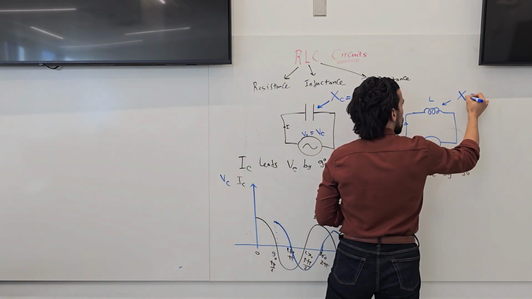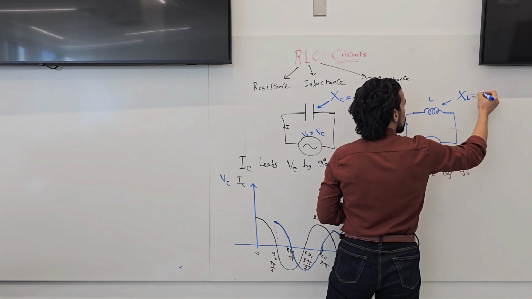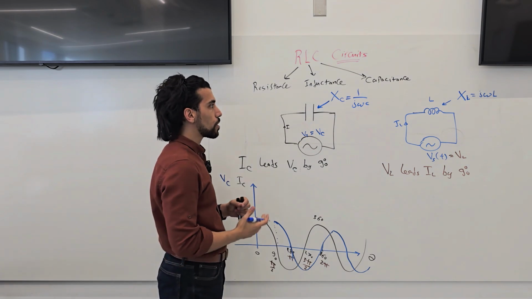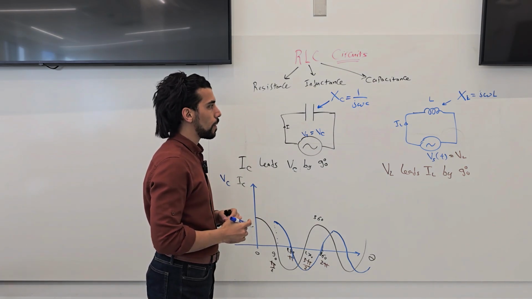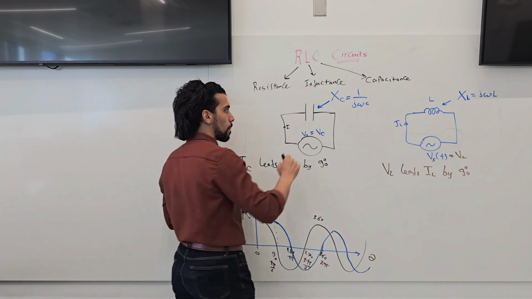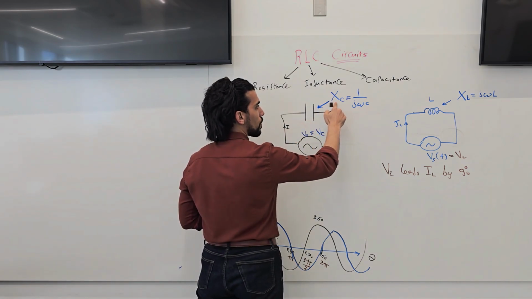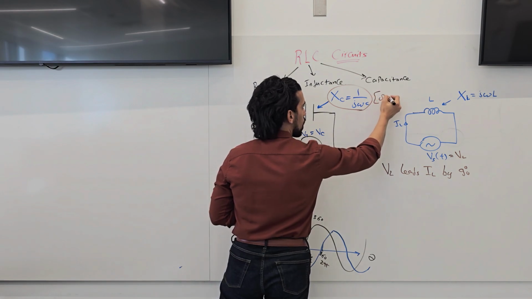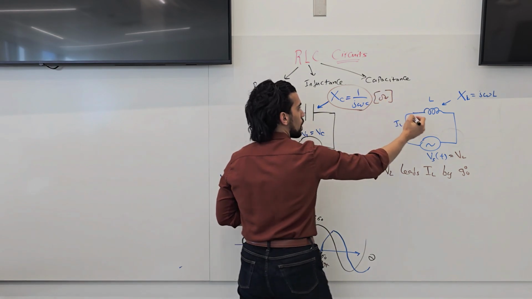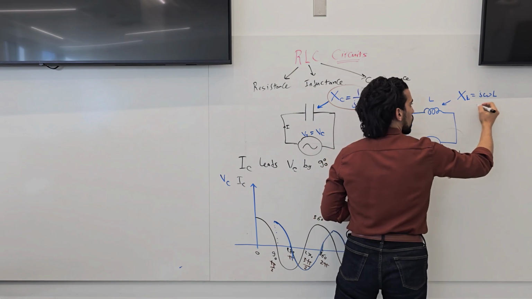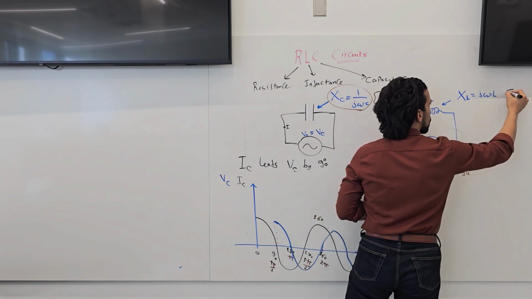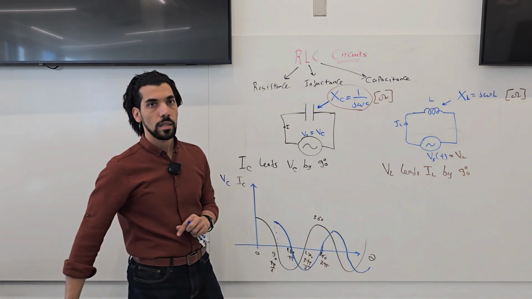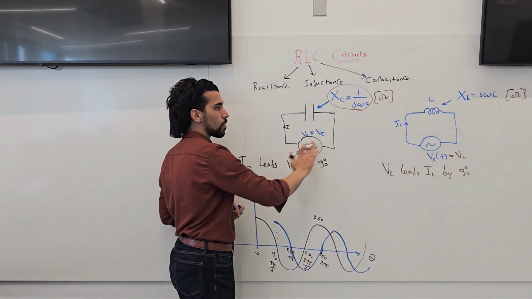And this one is going to equal j omega L, where omega is the angular frequency, which is equal to 2 pi f. Okay? So the capacitor becomes capacitive reactance, and the unit for this one is going to be ohms. And the inductor becomes inductive reactance, and the unit is also ohms. Okay? I hope you differentiate between these two.